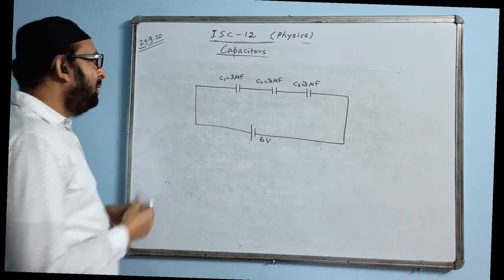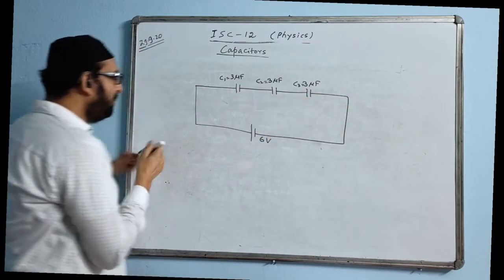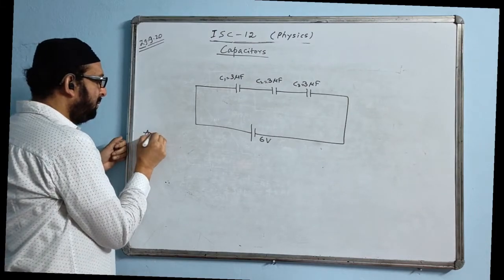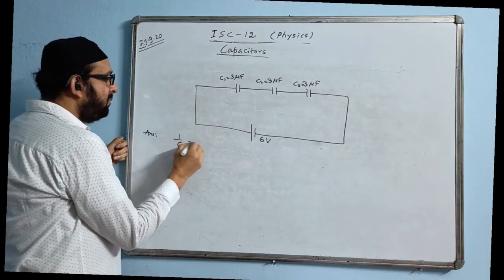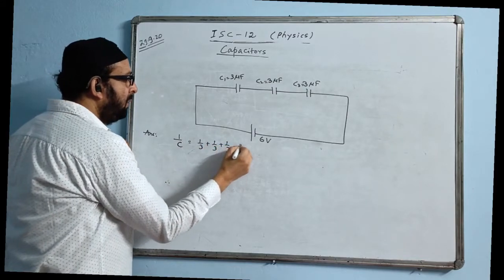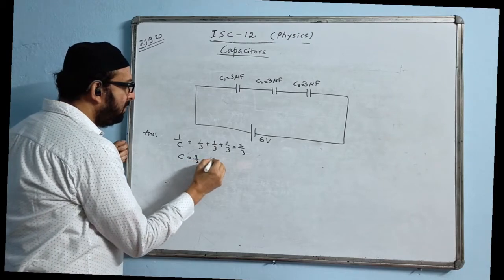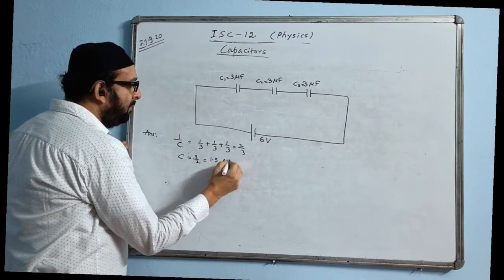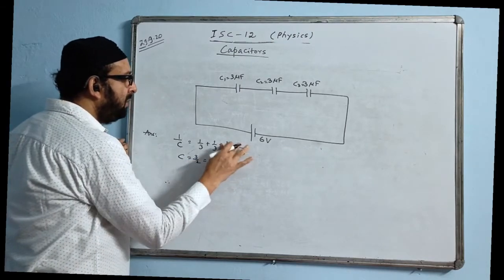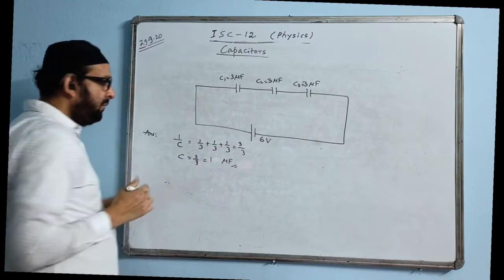How to find? These 3 of them are in series, so we will be doing the series combination formula. 1 by C is equal to 1 by 3 plus 1 by 3 plus 1 by 3, that is 3 by 3, the answer is coming 1 microfarad.